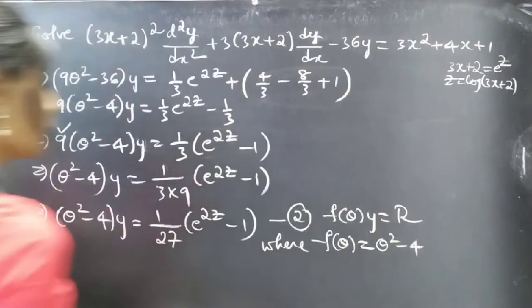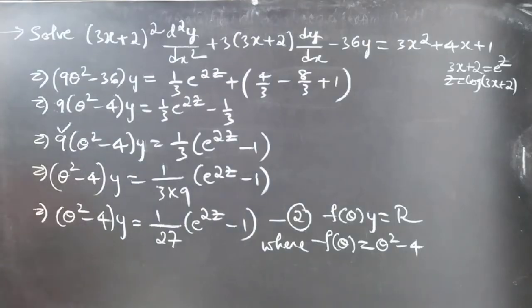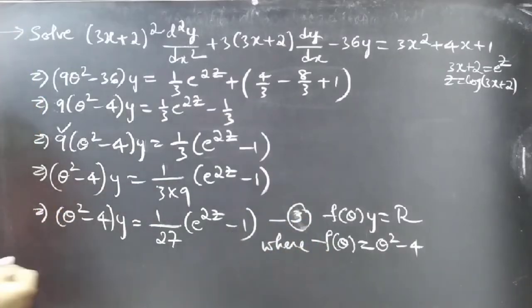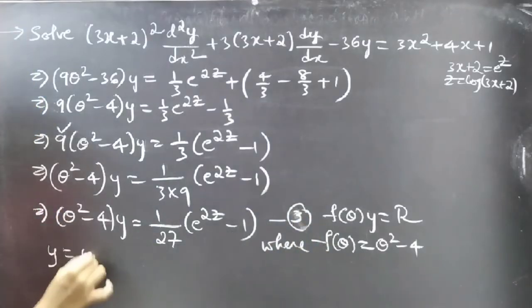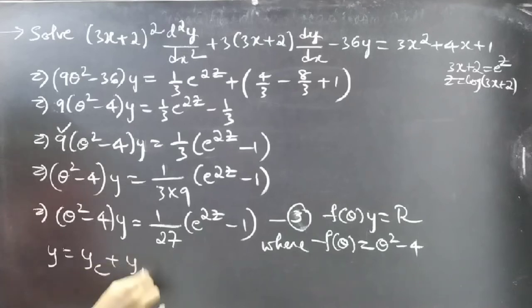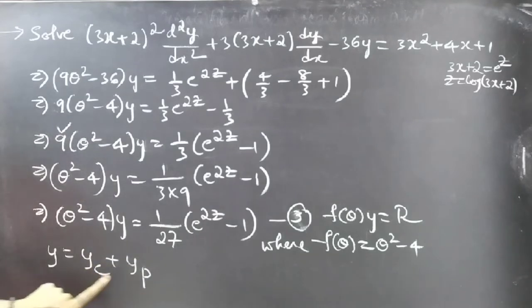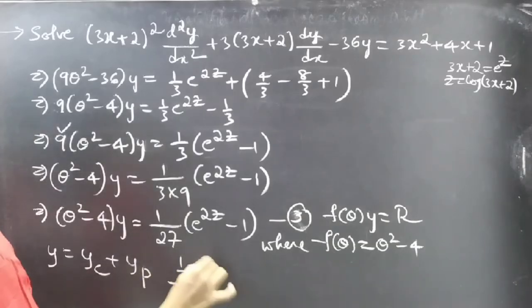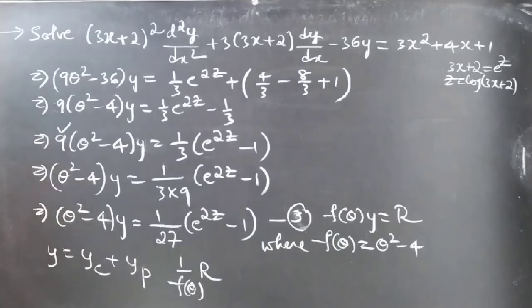Now we'll find the general solution to this equation 3, using y equal to yc plus yp, where yc is the complementary function and yp is the particular integral. We'll find yc using the auxiliary equation and we'll find yp using 1 by f of theta into r. So now we'll begin with the auxiliary equation to find yc and later we'll go for yp.